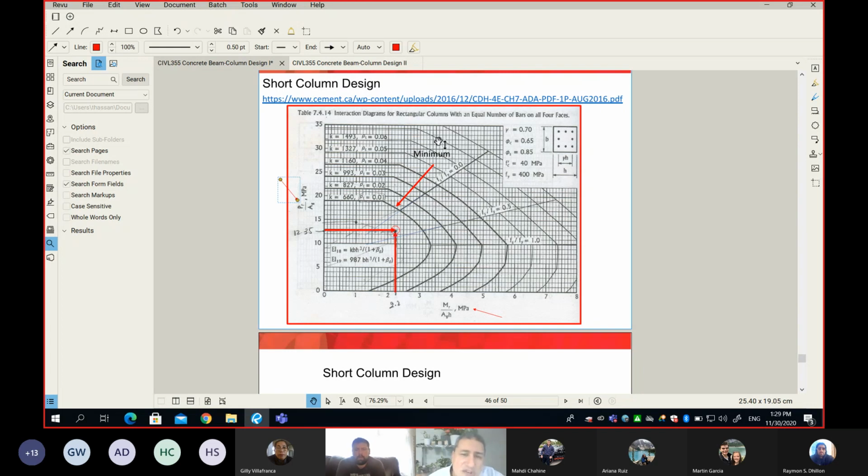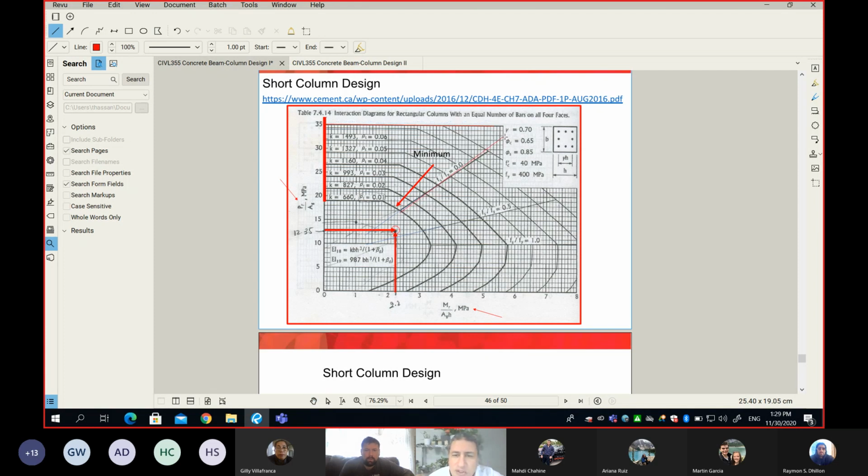What happened is, this zone here, and I don't know how to draw this, I want to draw it, so this zone, which is between this line, I'll try to do my best. Please forgive me if I can't. I'm going to make it thick. So this zone is compression only.